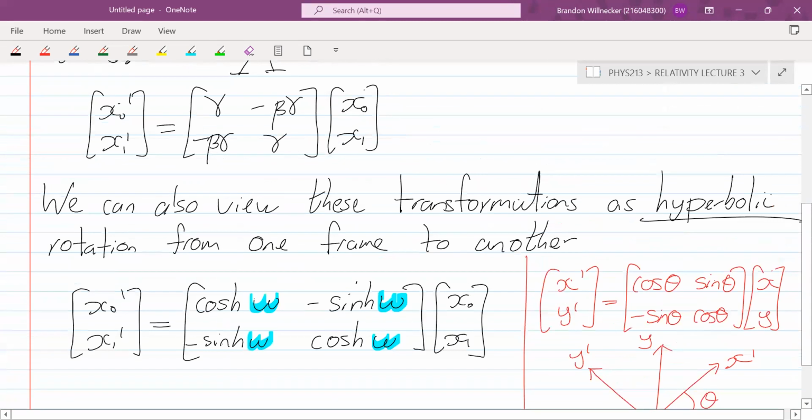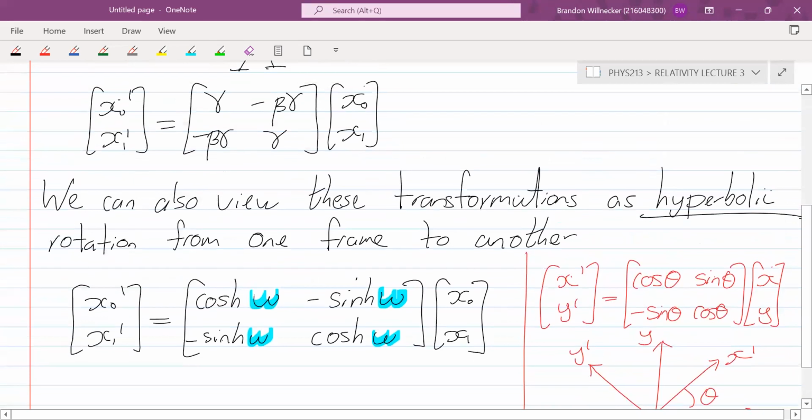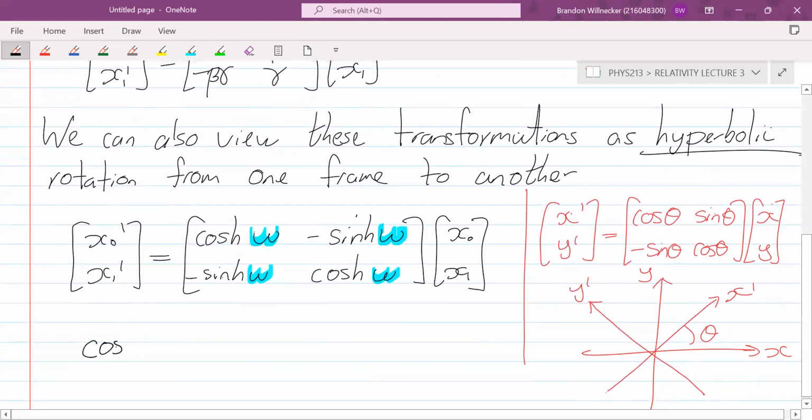So if we look at these two representations, we've got the Lorentz transformation in terms of gammas and betas. We've also got the same Lorentz transformation in terms of this hyperbolic angle omega. So just by comparing these two, we see that this hyperbolic angle can be written in two ways. If we look at the cosh term, we see that cosh omega is equal to gamma.